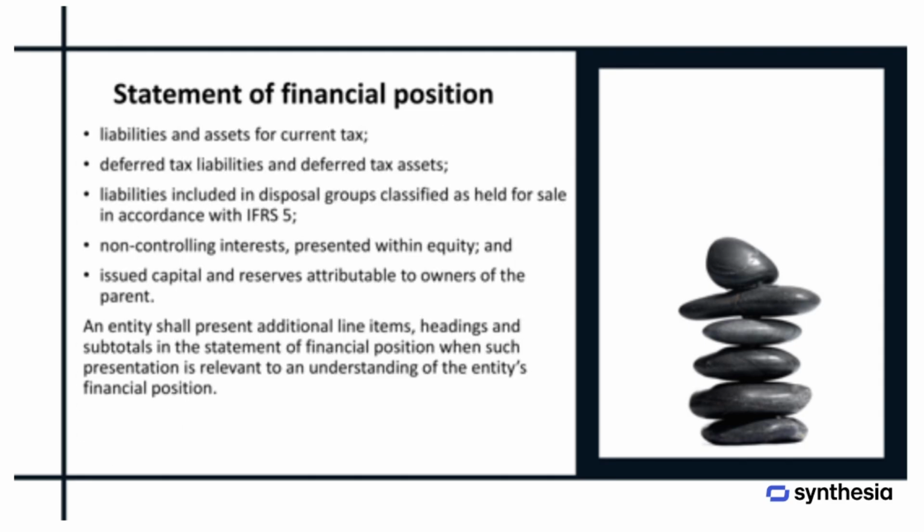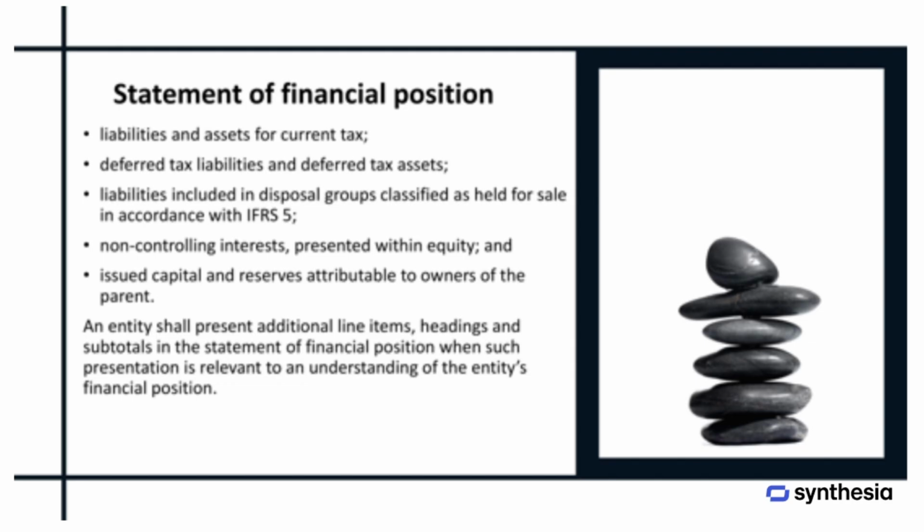The statement of financial position should also include liabilities and assets for current tax, deferred tax liabilities, and deferred tax assets, liabilities included in disposal groups classified as held for sale in accordance with IFRS 5, non-controlling interest presented within equity, and issued capital and reserves attributable to owners of the parent.